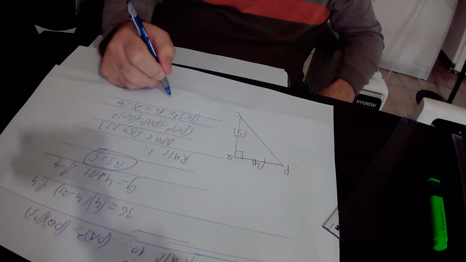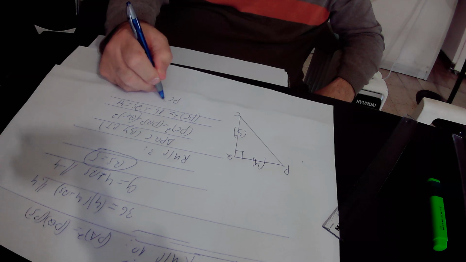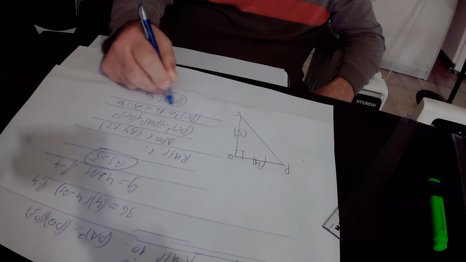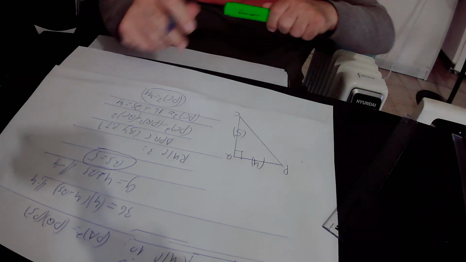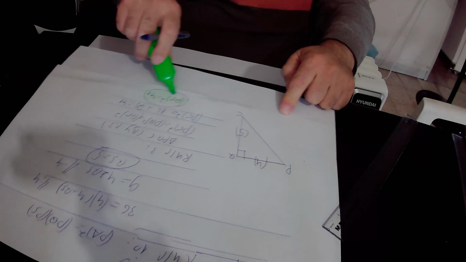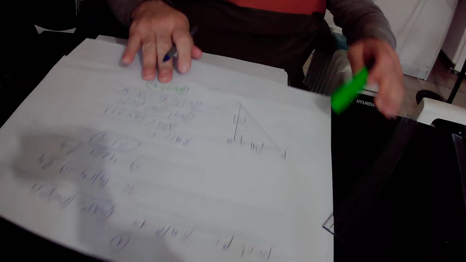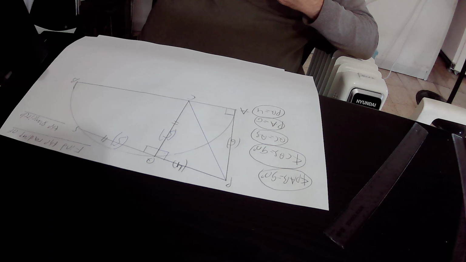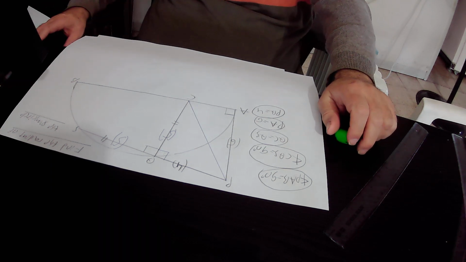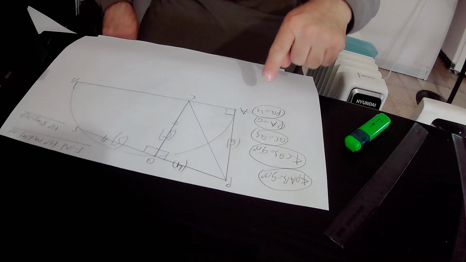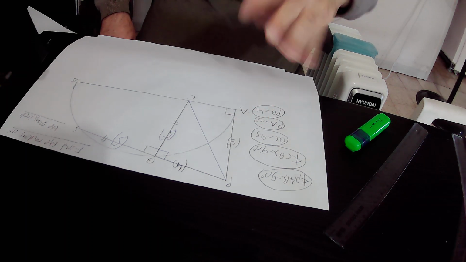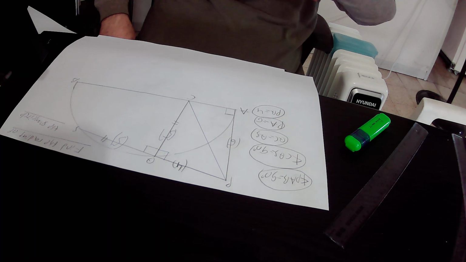So actually we found out that PC squared equals 41. The square of the hypotenuse, PC squared equals 41. In the next step, I will copy the right triangle PAC in the new page, and we will implement the Pythagoras theorem on this right triangle PAC.